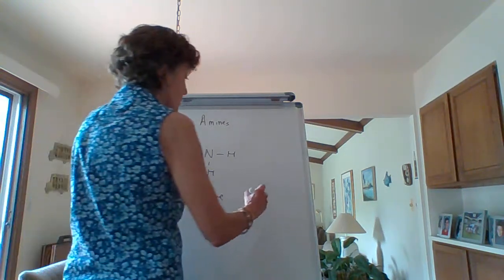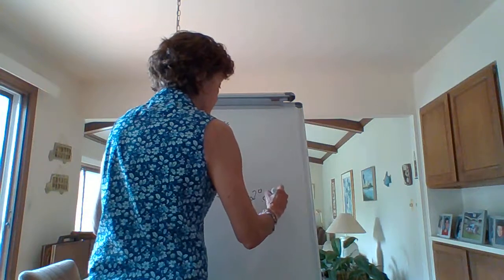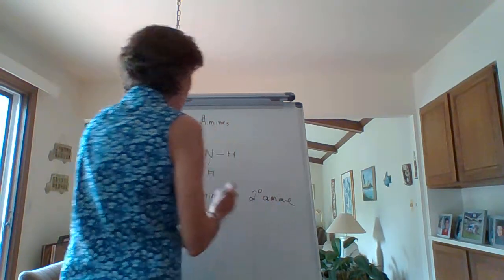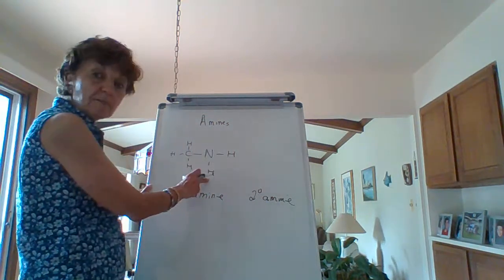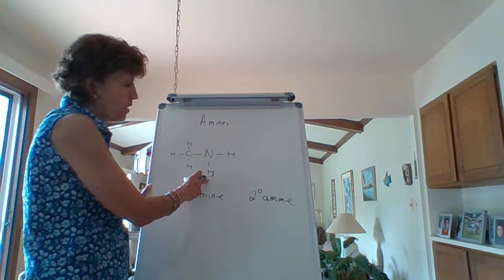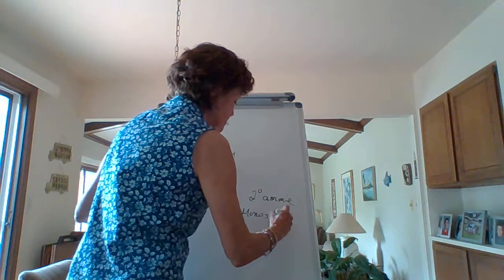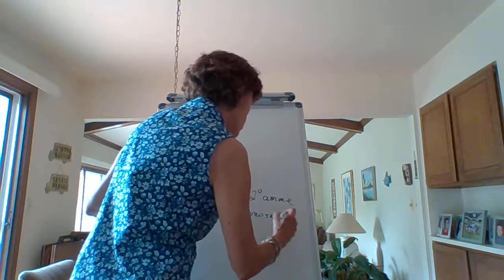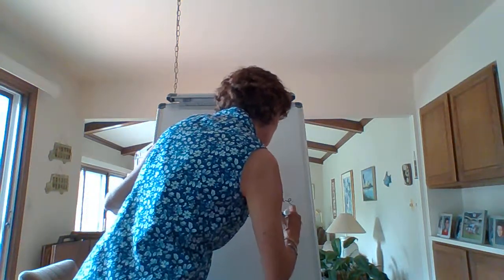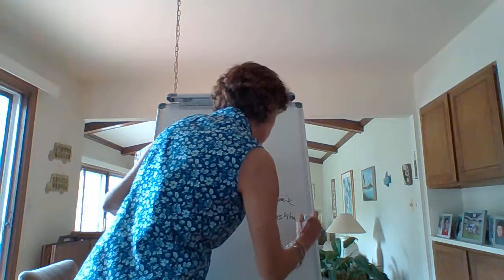A secondary amine, one of these 2 hydrogens is substituted with an alkyl group. So we call it mono-substituted. There you go.